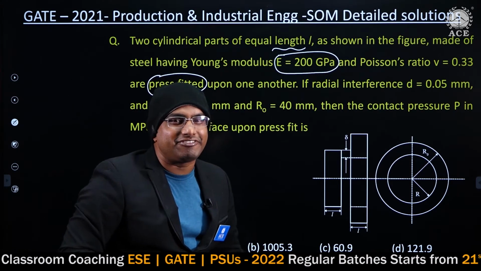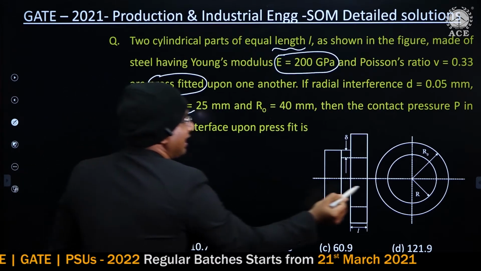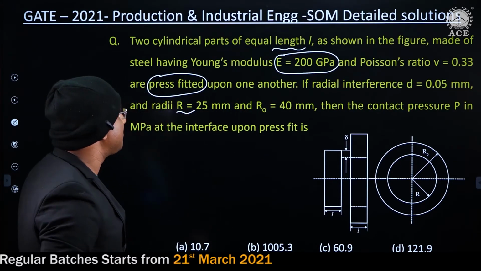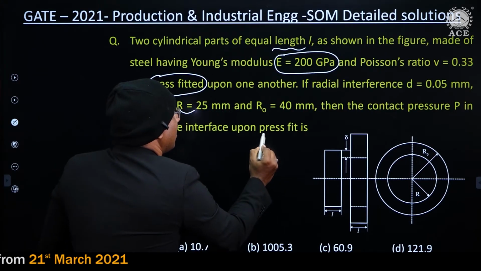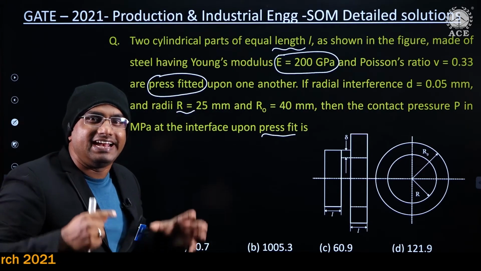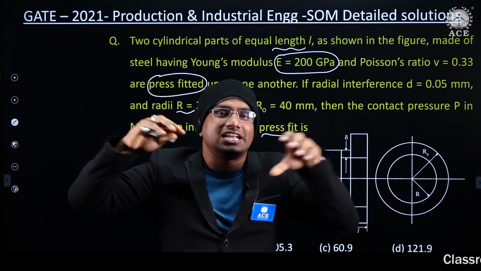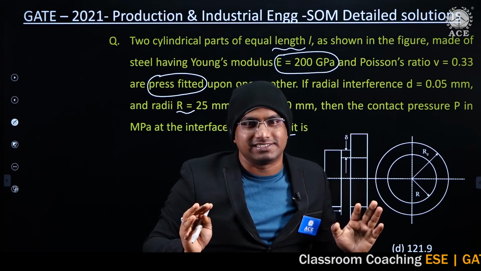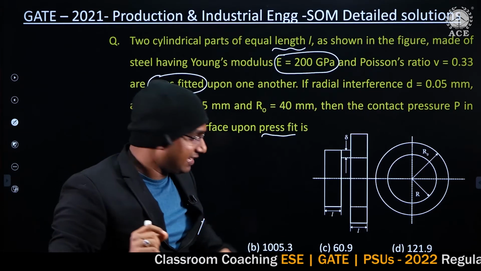If the radial interference is 0.05 and the inside radius is 25 mm as given, R naught, then the contact pressure P in megapascals at the interface upon press fit is. Indirectly it is asking, assume this is one cylinder, this is another cylinder and these two are press fitted. Then how much is the interference pressure?